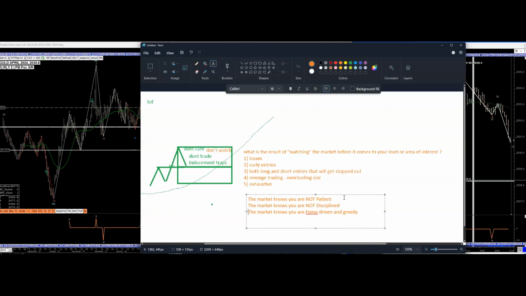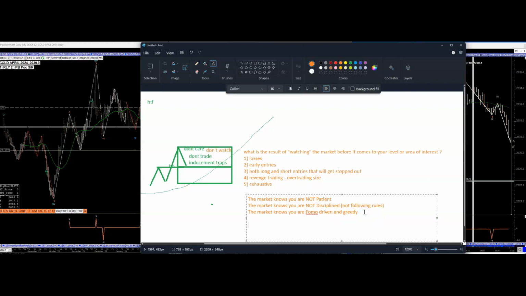The market knows you are not disciplined, meaning instead of waiting for a reversal bar, you might just buy it because it looks like it's going up, whatever your rules are.